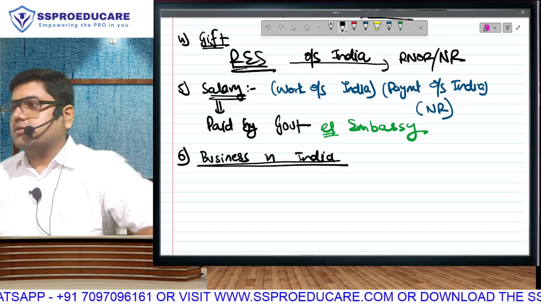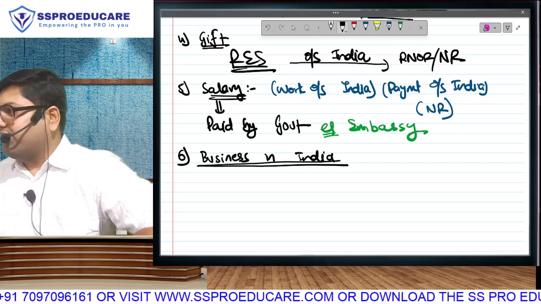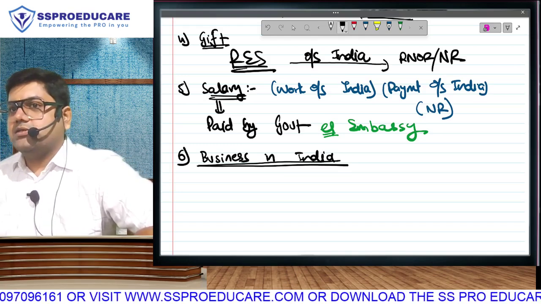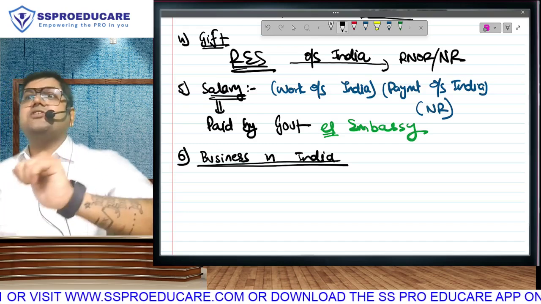See, what do you mean by business? You have set up an office for the purpose of raising finance, making investments, marketing of your products. The couple of activities which are not happening in India are what? The sale is not happening in India.